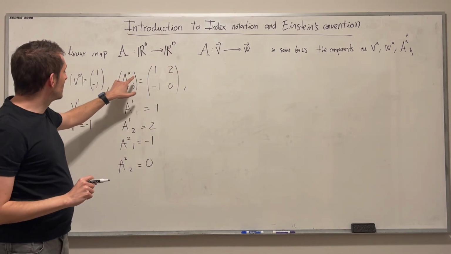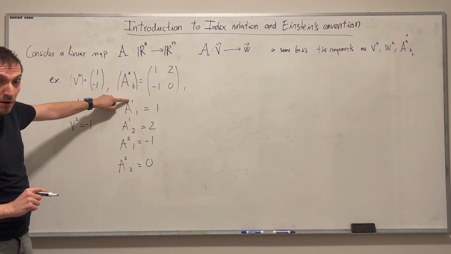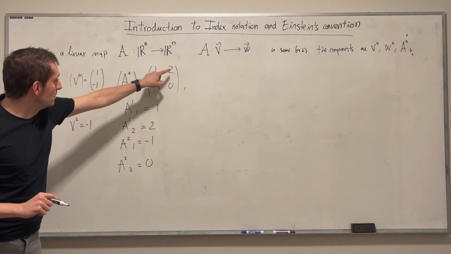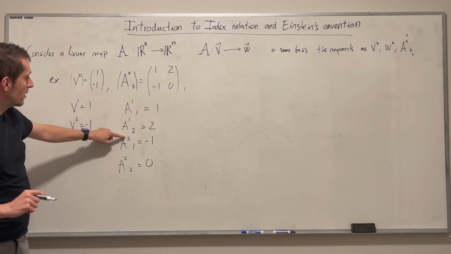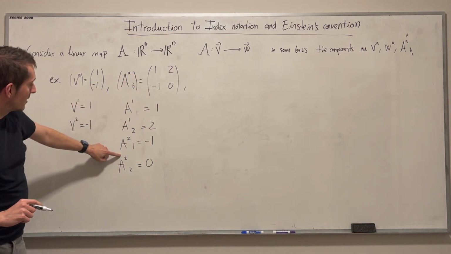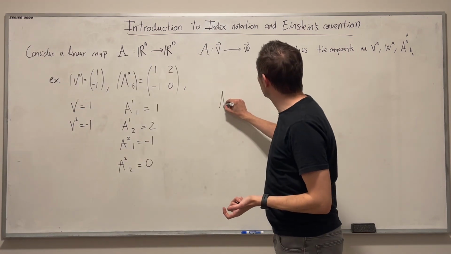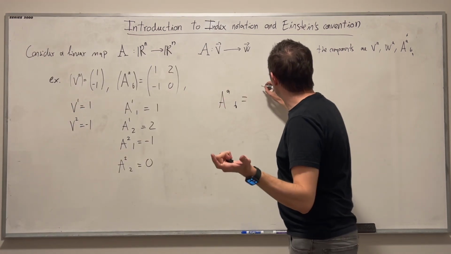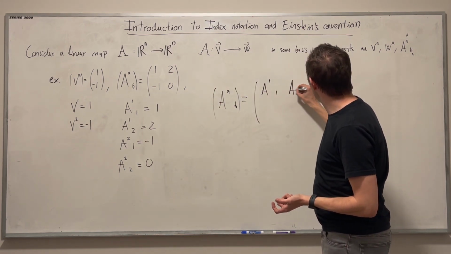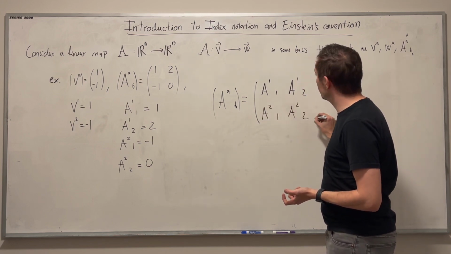I have the components A_ab like 1, 2, minus 1, 0, so that means that A11, first row, first column is 1, first row, second column is 2, second row, first column is minus 1, and second row, second column is 0, all right? So of course, a matrix in general, if I want to write A_ab in an R2, that matrix would be, of course, A11, A12, A21, and A22.